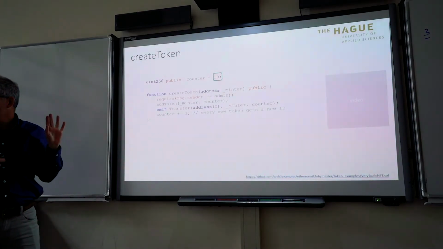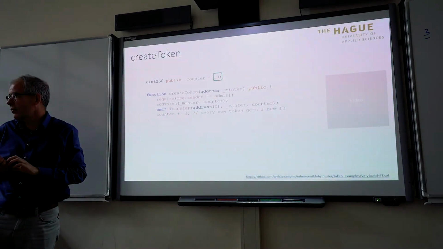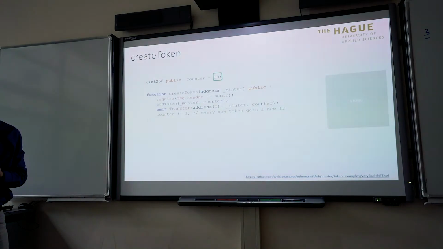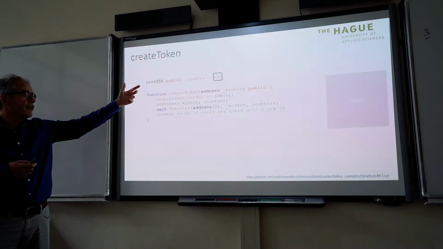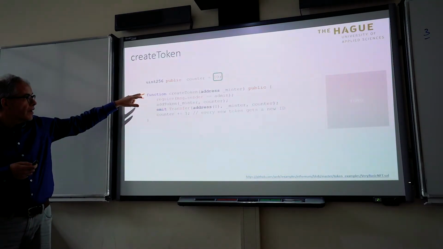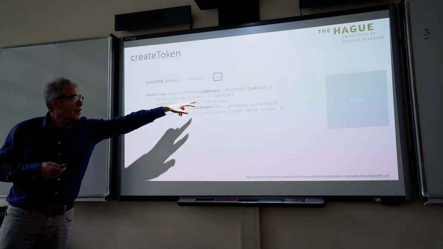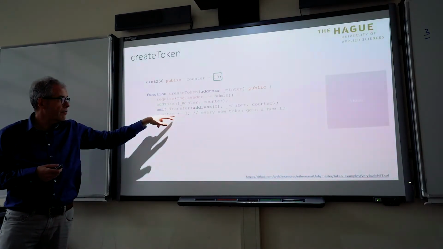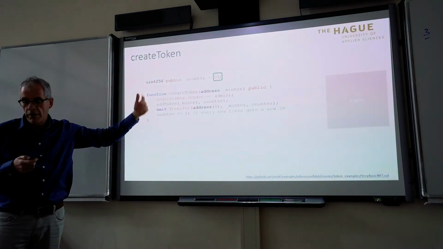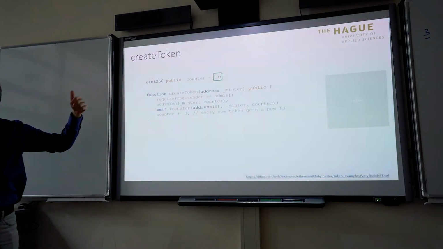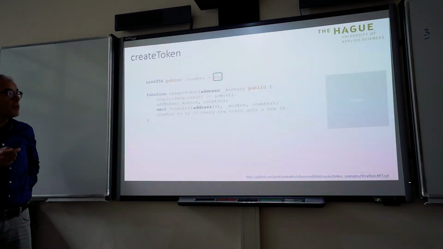So you can also use a uint or whatever that's appropriate for your application. But this is a very straightforward one. When you create a token, it adds a token with the counter as parameter, and then it raises the counter to the higher number, so the next one has the next number.